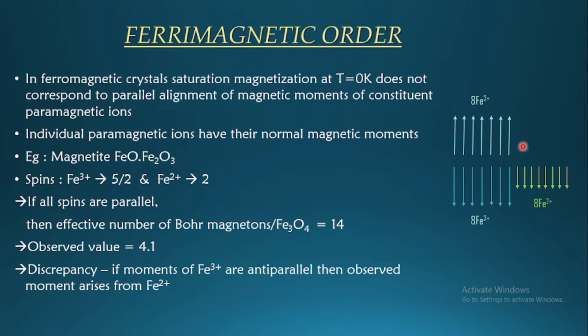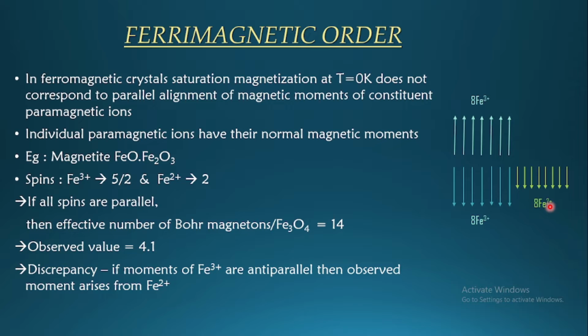So we can say that a ferrimagnetic material is a material with opposing magnetic moments, as you can observe here. That is something like antiferromagnetism, but these moments are unequal in magnitude. That is the contribution coming from the Fe2+ ion.